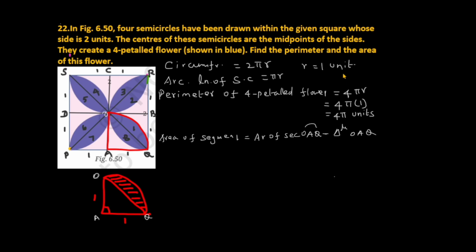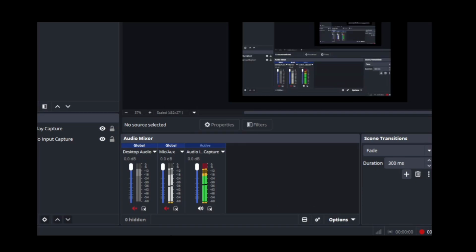Now, the triangle is a right-angled triangle, and the sector is a quadrant. So, we can replace with 90 by 360 pi r squared minus the right-angled triangle, half base into height. So, 90 by 360, that is 1 by 4 pi r squared, radius is 1 unit, minus 1 by 2, base also 1 unit and height also 1 unit.